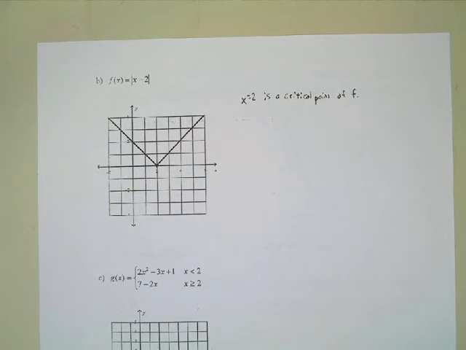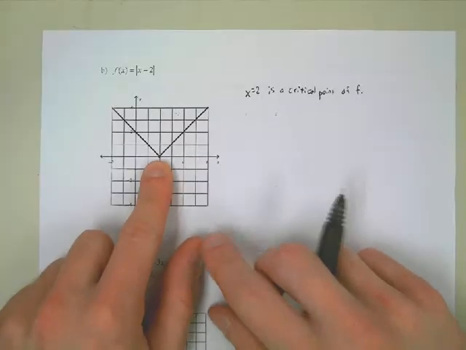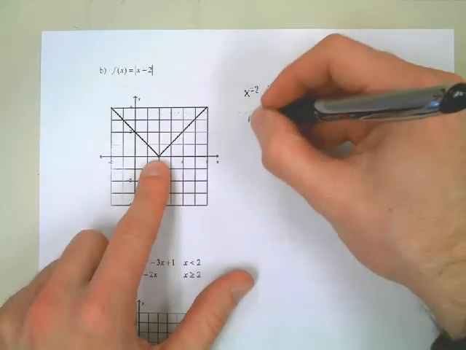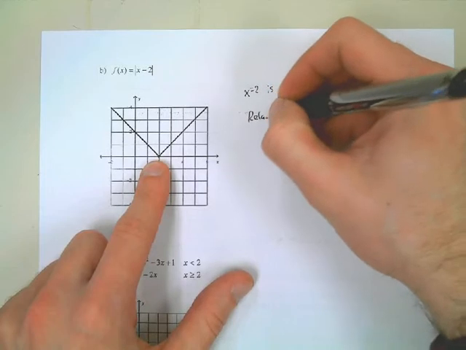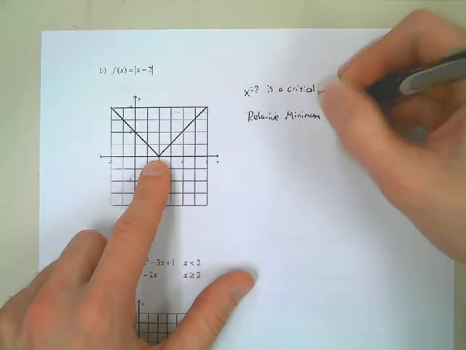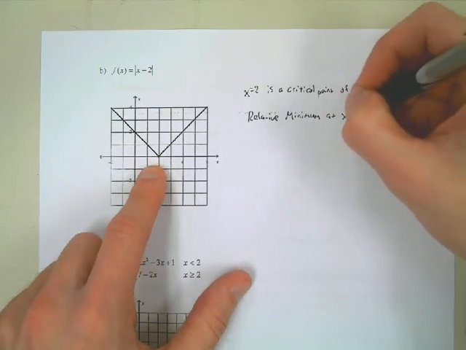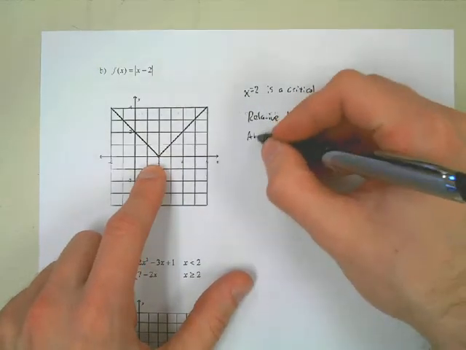Since it's a critical point, it could be a relative maximum or relative minimum. In this case, Chanda, at x equals 2, is that a relative maximum or a relative minimum? It's a minimum. Yeah, it is a relative minimum. Would it not also be the absolute minimum? Yes, excellent point. It's a relative minimum at x equals 2, but because that is the absolute lowest point, it's also the absolute minimum.